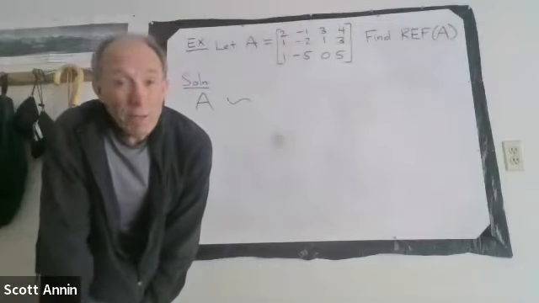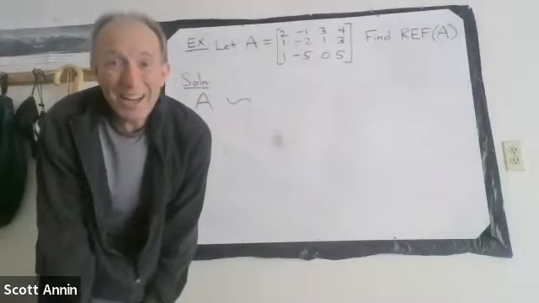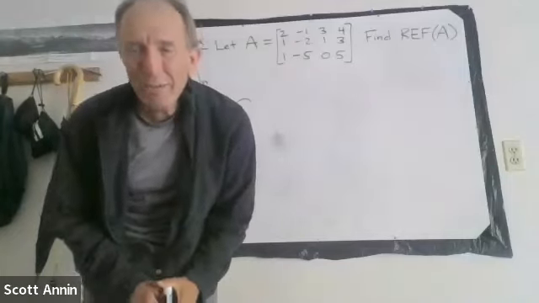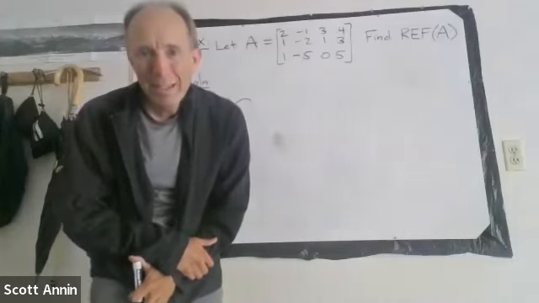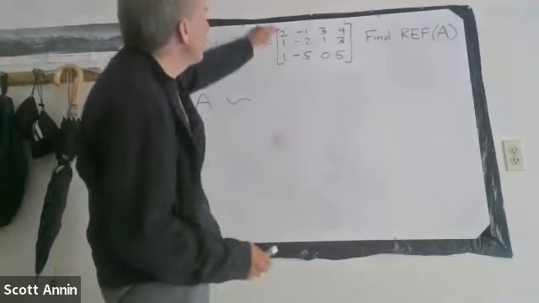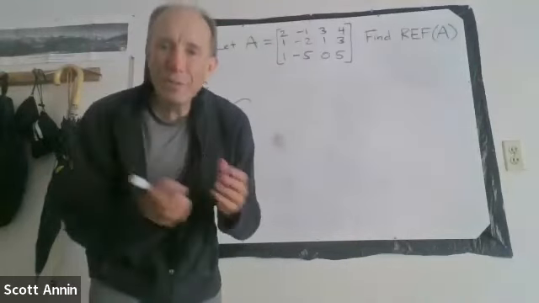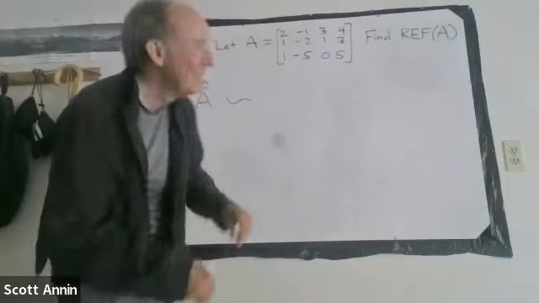Technically, there's nothing wrong with fractions, but I have a feeling that if we could avoid fractions and not have to do further EROs with fractional values, it would just be a whole lot cleaner for us to do, right? So is there another way to get a 1 into the upper left-hand corner that does not introduce fractions? There sure is, isn't there? Take a look.